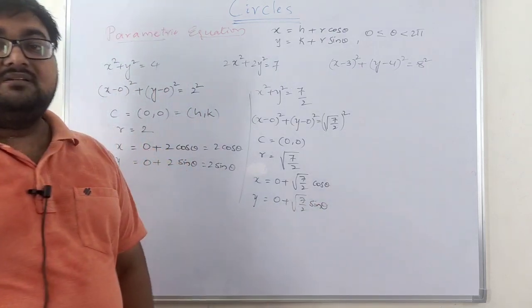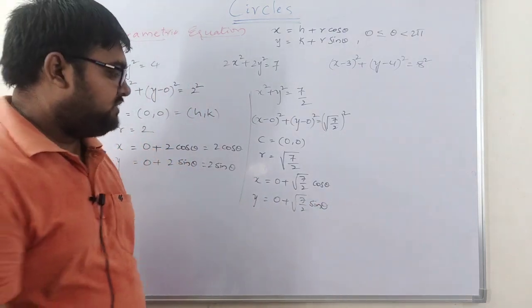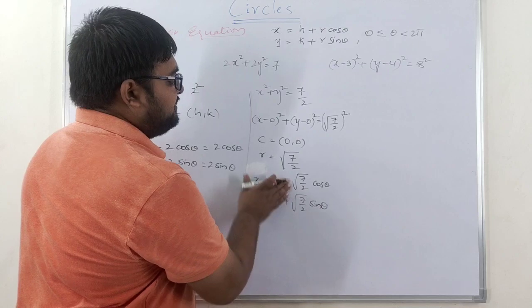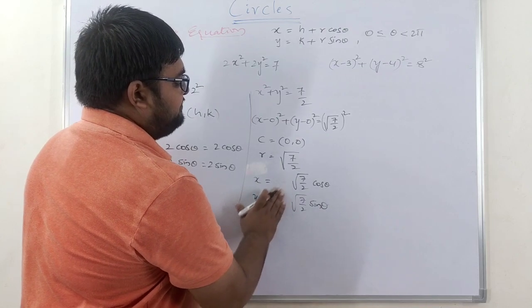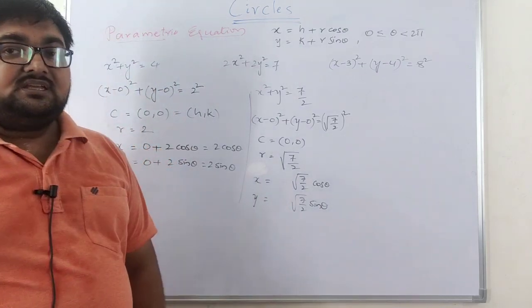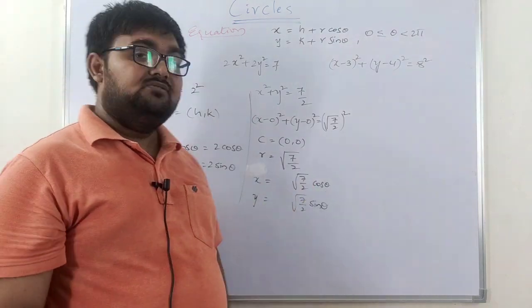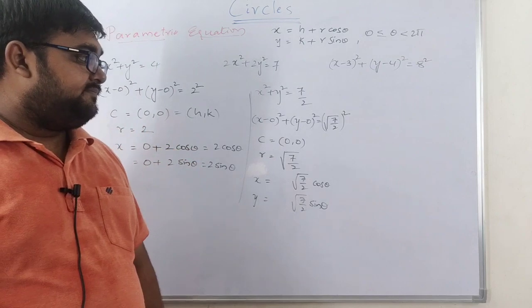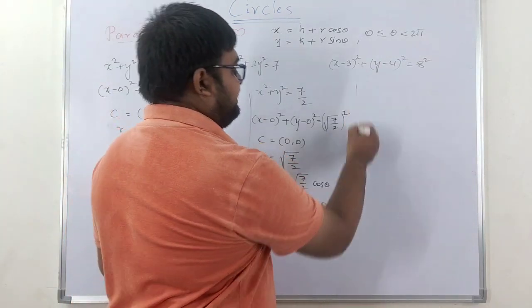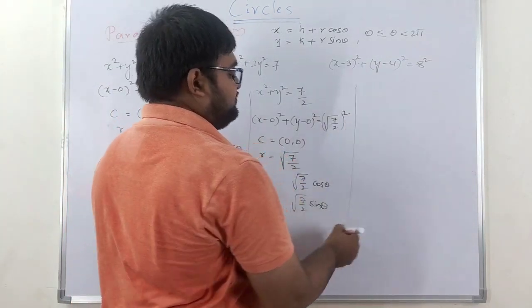These are the parametric equations of the given circle. Since adding or subtracting 0 makes no change, x is equal to root 7 by 2 cos theta, y is equal to root 7 by 2 sin theta.